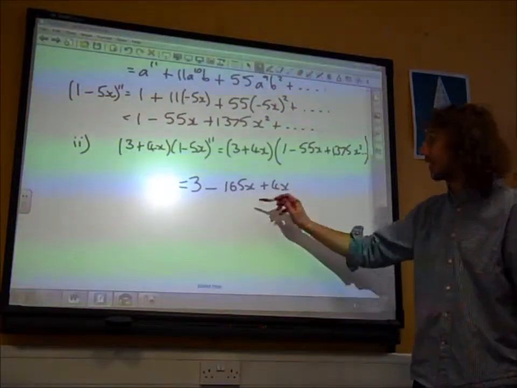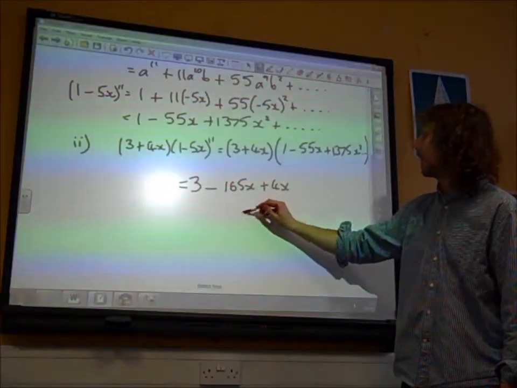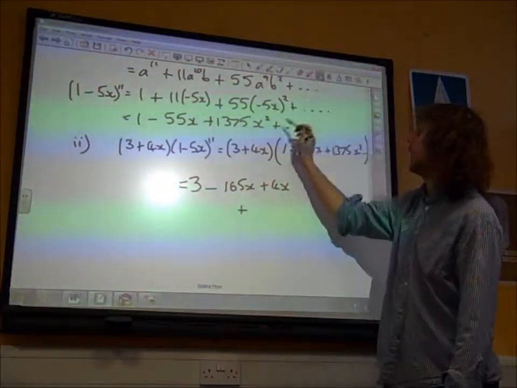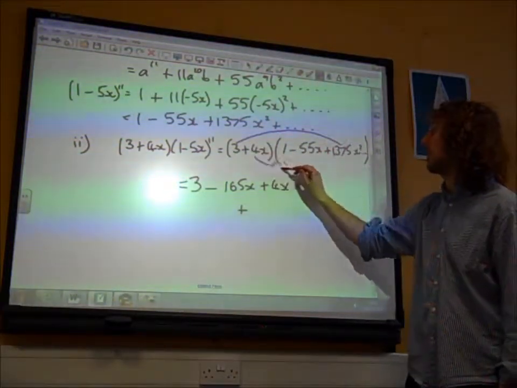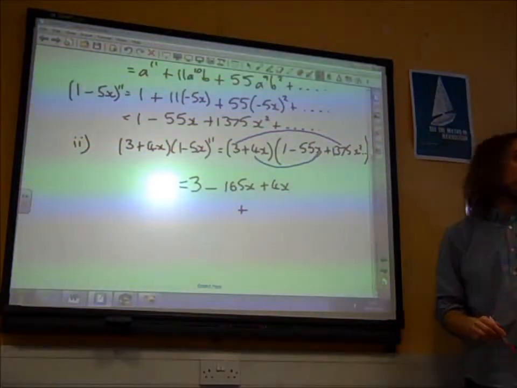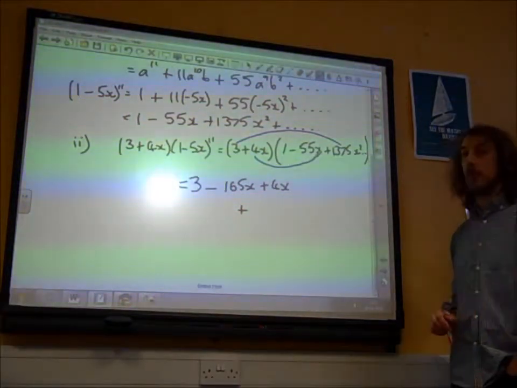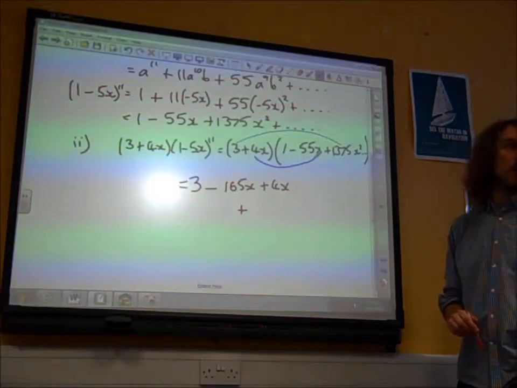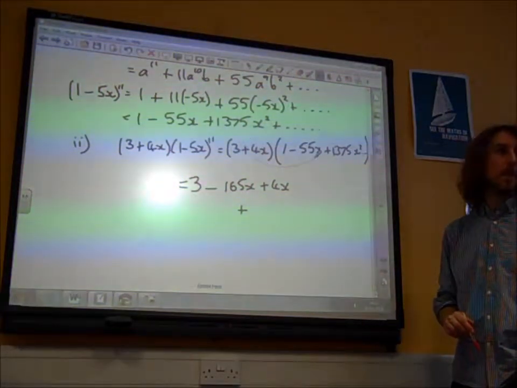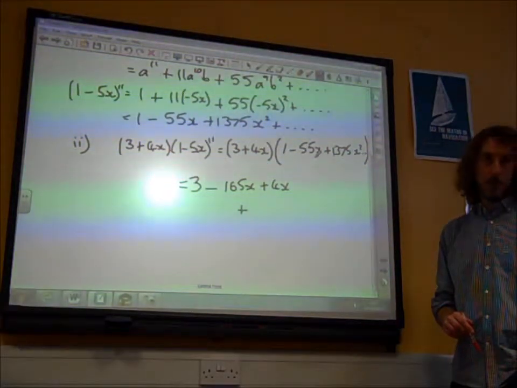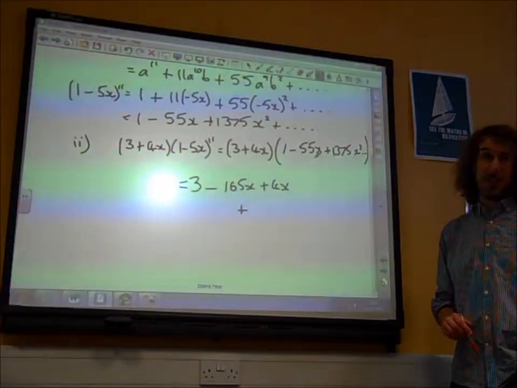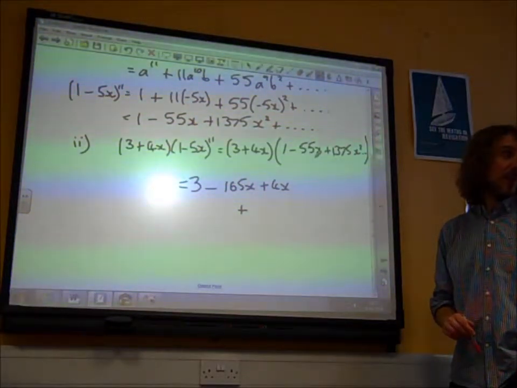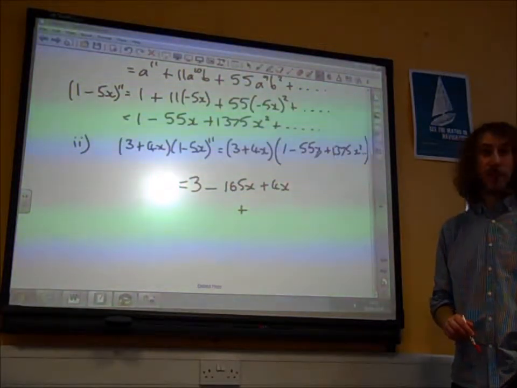And then if we think about the x squared terms, we'd have 3 lots of that, and 4x times that. So we'd have 3 times 1375, which is 4125. Is that right?